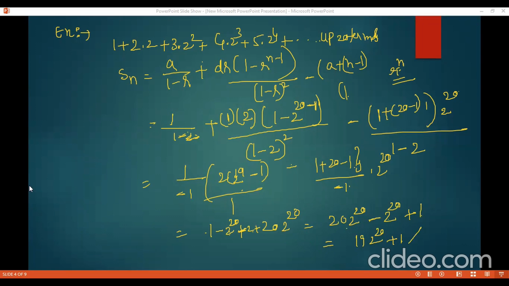Can I erase this? Let us erase this. Now, sum of infinite sequence in the same way. What is the sum of an infinite sequence? Say I am taking mod r.